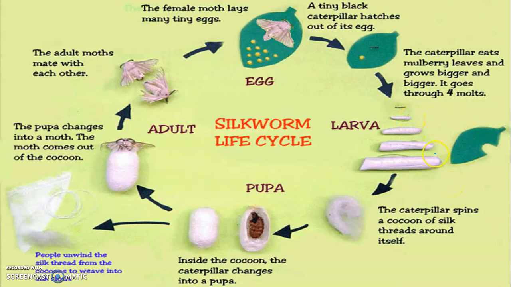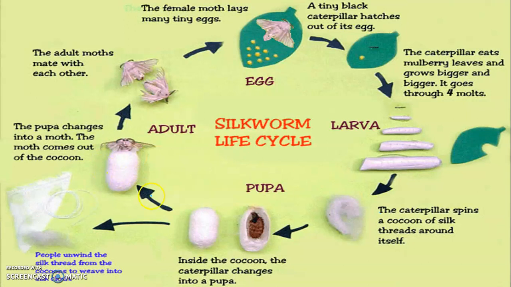It goes through 4 molts, 4 steps: first this one, 2, 3, and 4. Then the caterpillar spins a cocoon of silk threads around itself. Inside the cocoon, the caterpillar changes into a pupa.